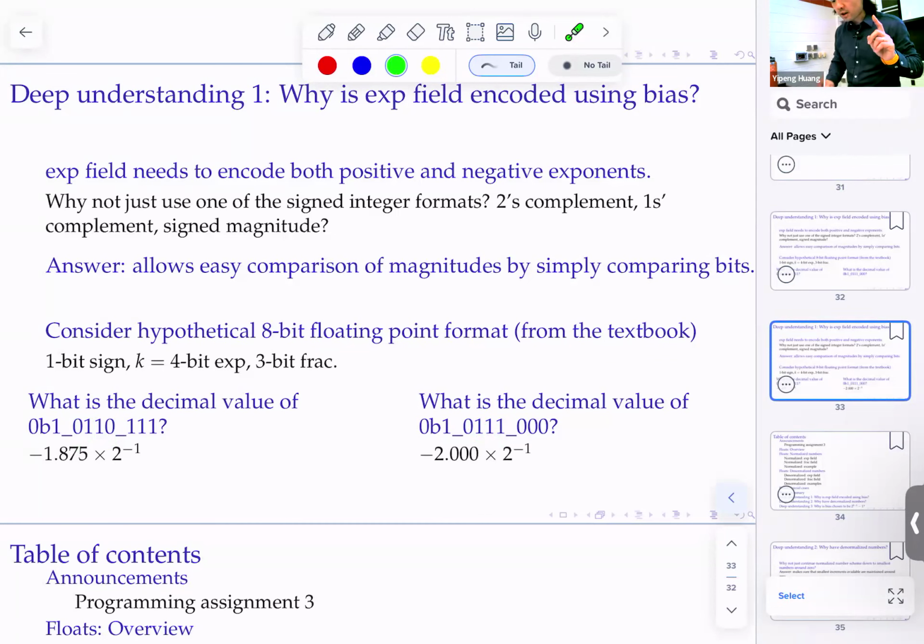And that's a very important thing we talked about early on, right? On Tuesday, we already talked about positive and negative numbers, right? We spent a couple days to explain sign magnitude, 1's complement, and 2's complement.